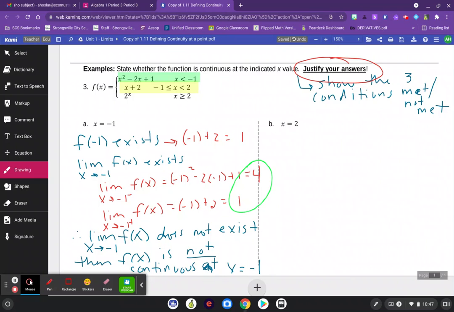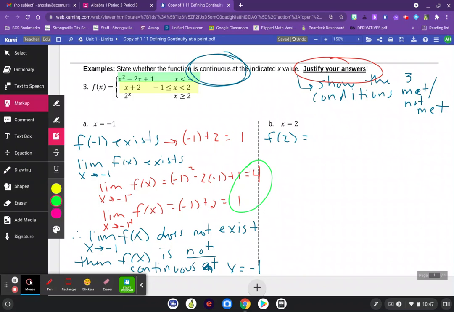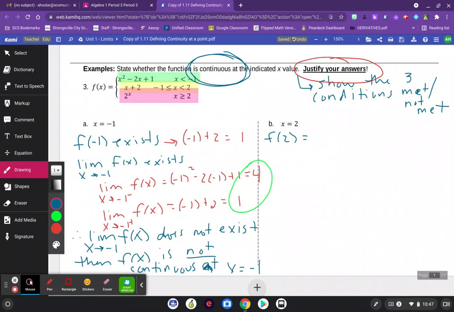Okay, so let's take a look at whether or not my function is continuous. That's what I'm trying to answer: is my function continuous, this time at x equals 2. All right, again, the first thing I have to check is whether or not f of 2 exists. And f of 2 is actually going to come from this bottom function here. That's where the equal bar is. And so f of 2 is 2 squared, which is 4.